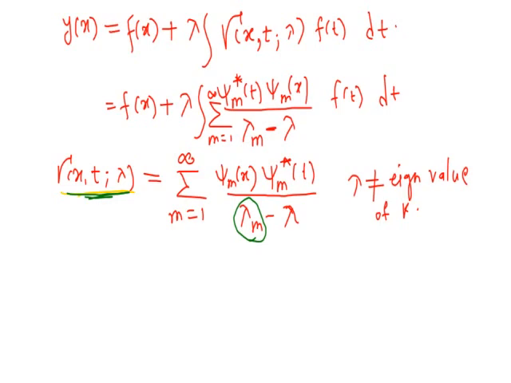That means we will get the singular points of the resolvent kernel gamma x t lambda. So that is how we find the solution.